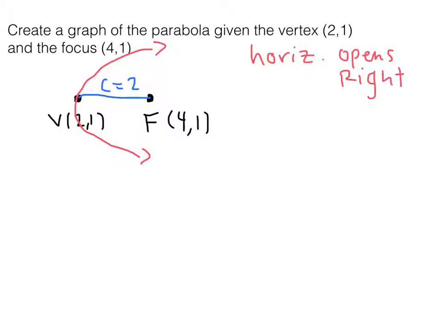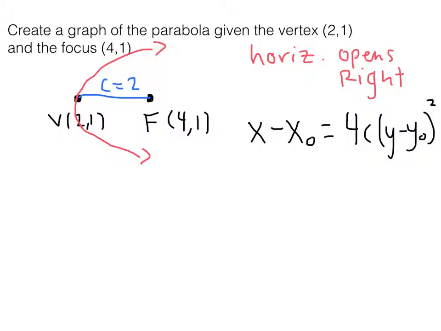So then that's going to tell us that we need to use the equation x minus x naught equals 4 times c times (y minus y naught) squared.